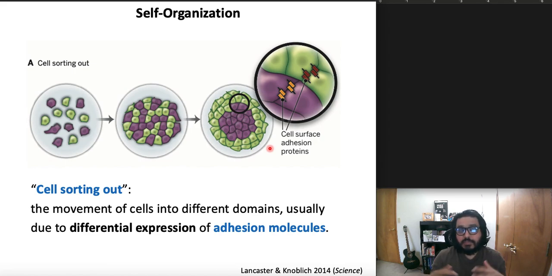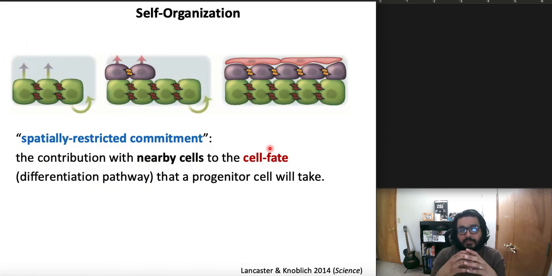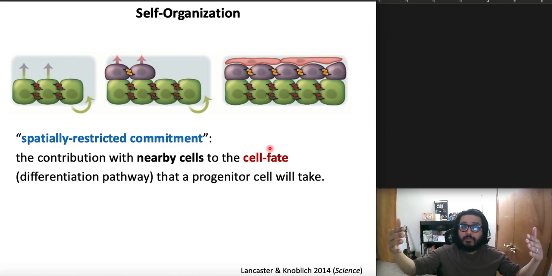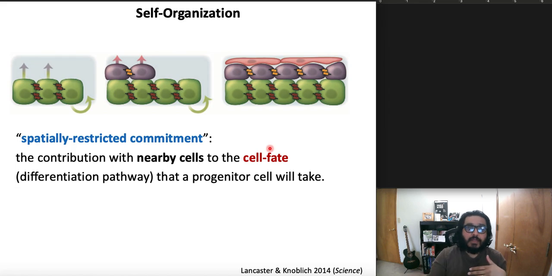None of these cells have really committed to a cell fate just yet. But once they form that cell sorting out, then as they develop with more time and differentiate into more specialized cells, where they are in that structure helps to determine what their cell fate will be, right? So it is the contribution of nearby cells to the cell fate pathway a progenitor will take.